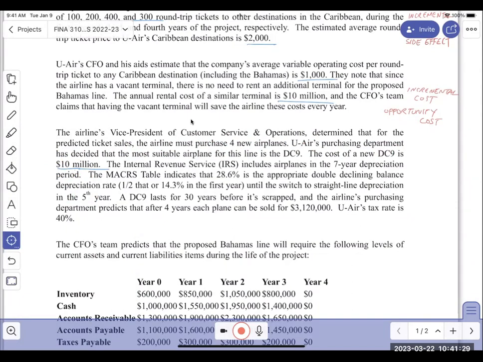Is that incremental? Oh, I didn't put that down. Let me write this as an incremental expense here. That's for the cost of the flights.